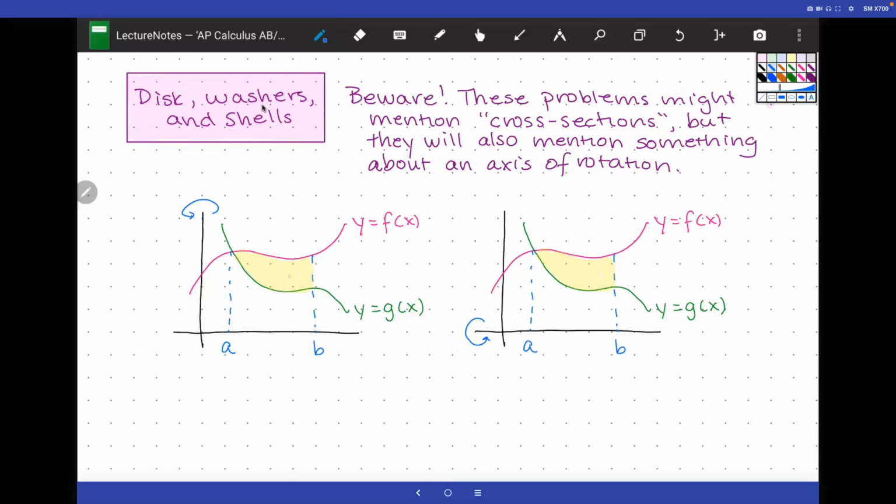Should have drawn the picture more exaggerated. But depending on where you draw the rectangle horizontally, it's not always the same function on the right and left. If you draw it horizontally, you'd have to think right minus left. And it's kind of going down a little bit and then coming back up.